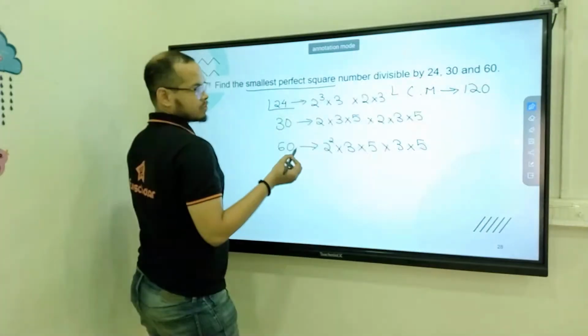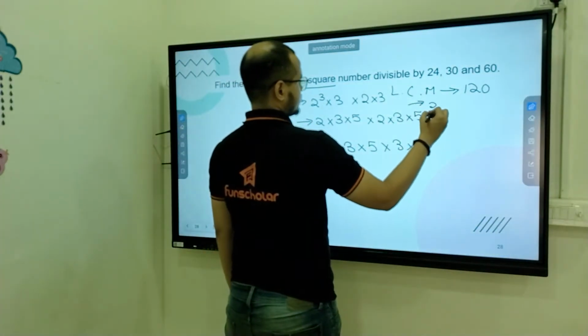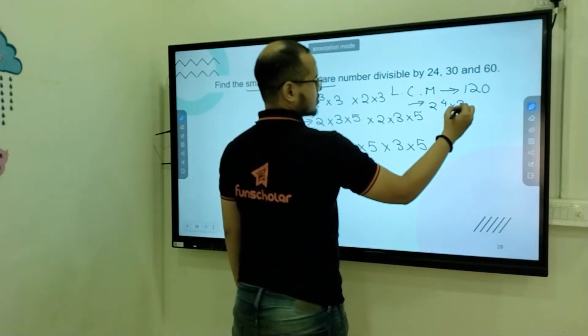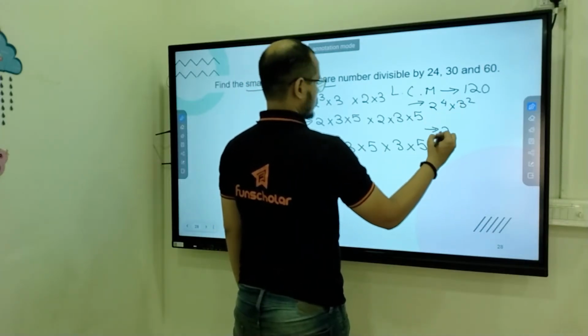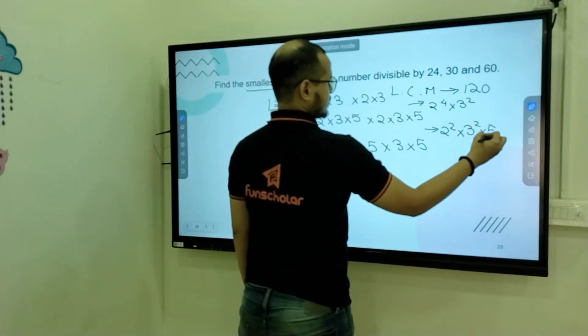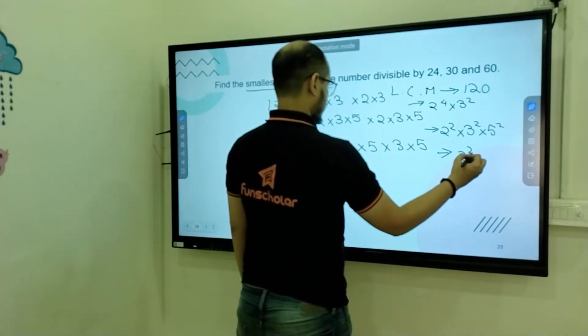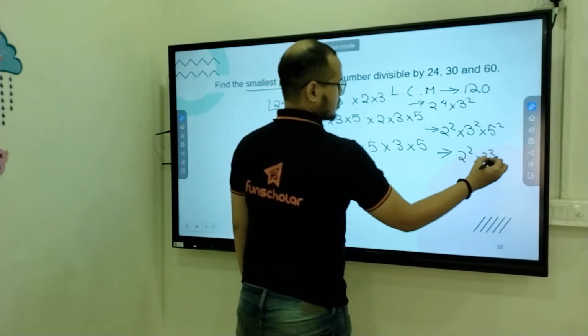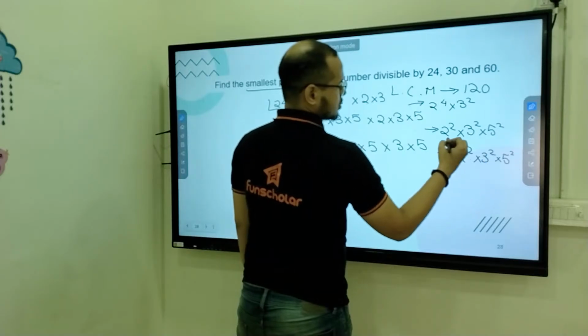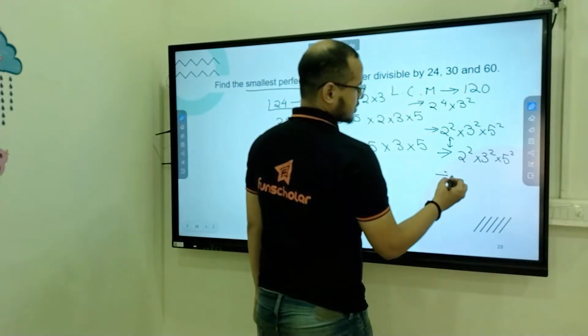Now let's see what is coming. 2 to the power 4 into 3 square, 2 square into 3 square into 5 square, and lastly 2 square into 3 square into 5 square. So this and this are more or less the same.